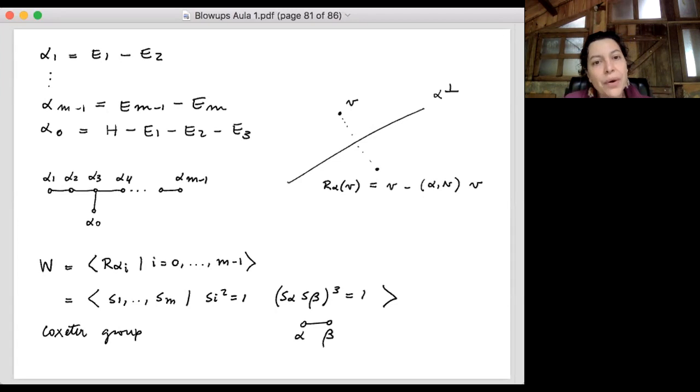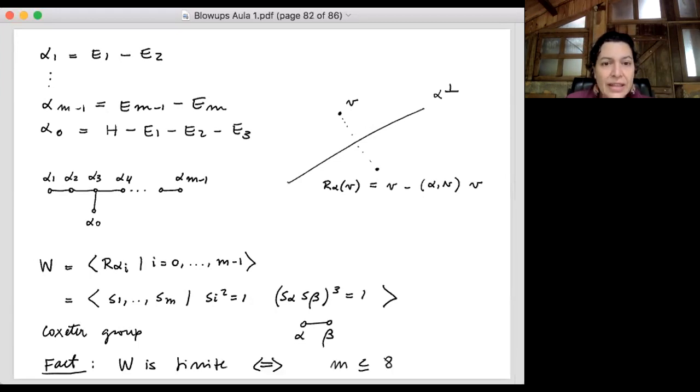And then moreover, we request that the product s_alpha times s_beta has order 3 precisely when alpha and beta are connected in the Dynkin diagram. So this is a Coxeter group, and this is a very well-known group in group theory. And it is a fact that this group is finite if and only if m is at most 8.